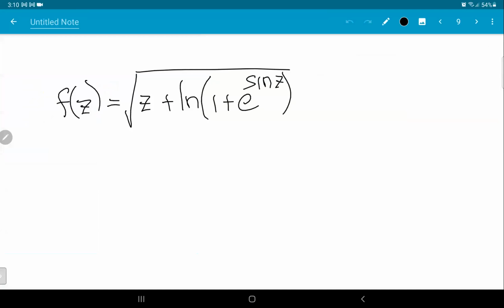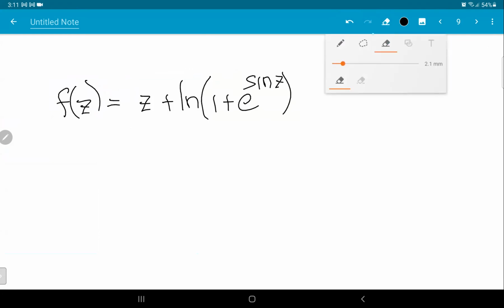Okay, for this one, you have to think of the radical as a power. So changing that to power form, that's to the 1/2.